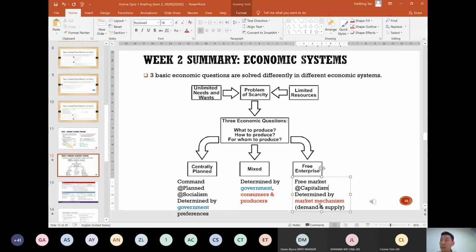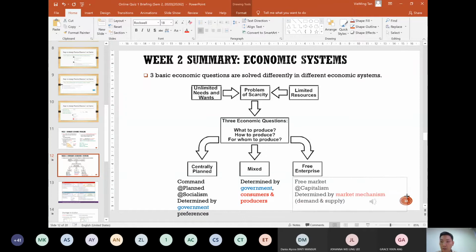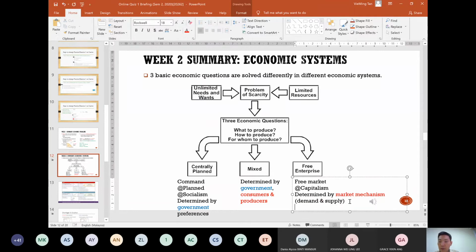Demand means the buyers, sometimes also called households. Supply means the sellers, who are the individual firms.